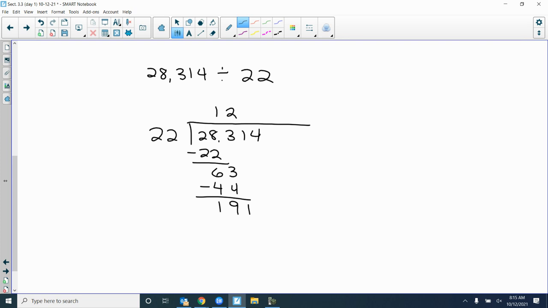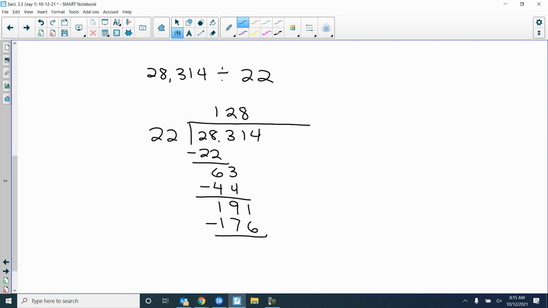How many times does 22 go into 191? That is a great question. Well, I'm going to say 8 or 9. I don't think 9. 9's too many, I think. So you can use your calculator and cheat and see. I think it's 8. What's 8 times 2 is 16. Carry 1. 8 times 2 is 16. So it's 176. Subtract.